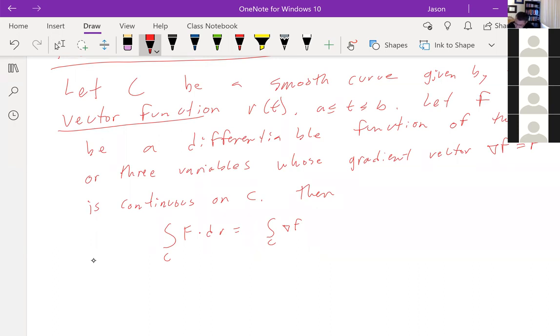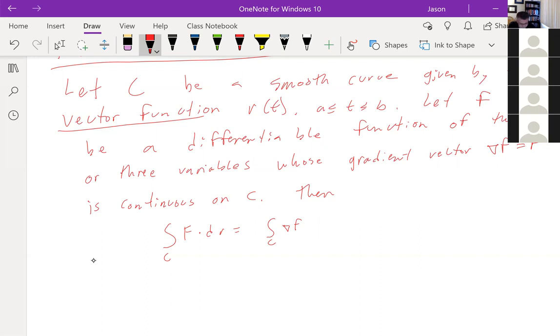In order to go from F to the gradient, in order to get lowercase f here, I'd have to take an integral, the opposite of the partial on x and the opposite of the partial on y. We'll get to how that works in a little bit.